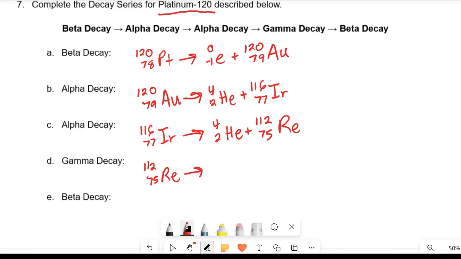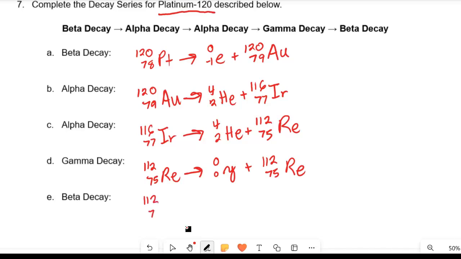And here's our easiest type of decay, which is a gamma decay. It releases a gamma particle, but other than that, nothing changes about the atom. So it's still 112, 75 Re. And our last decay, let's go ahead and take our product from the previous decay. So 112, 75 Re. And it goes through one more beta decay.